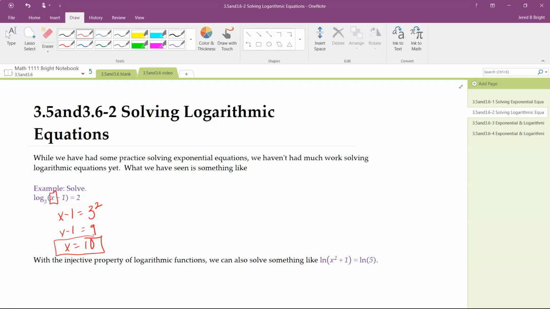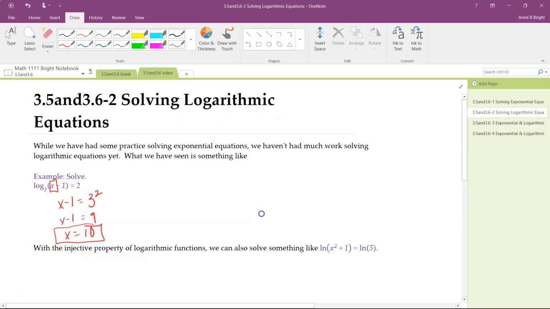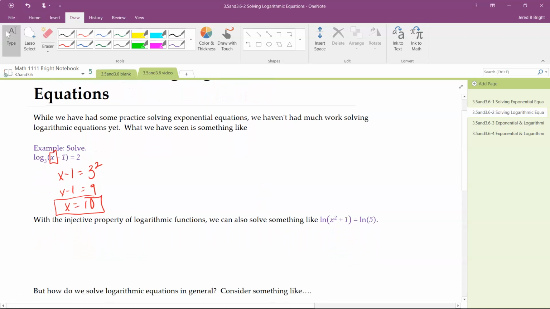Okay, so we've seen stuff like that. We've also made the connection with that injective property that we saw with exponential functions, right? We said if we have same bases, then we just set the exponents equal. Same thing with logarithms. If you have the same base logarithms on both sides, drop them, and we can just say if we have a context like this, say x squared plus 1 is equal to 5, well, okay, then I can solve this.